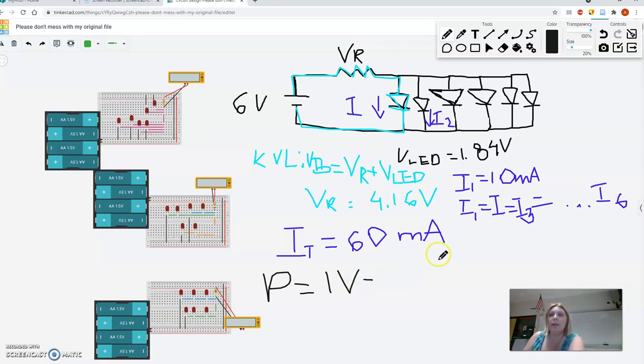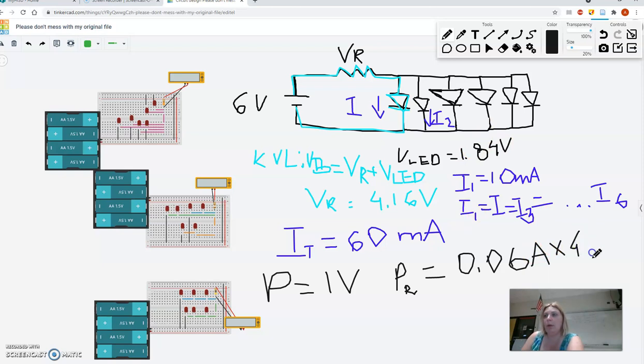So in this particular case, the power dissipation rate of this resistor is the current, which is 60 milliamps or 0.06 amps, times the voltage drop, 4.16. So why don't you tell me how much that is?